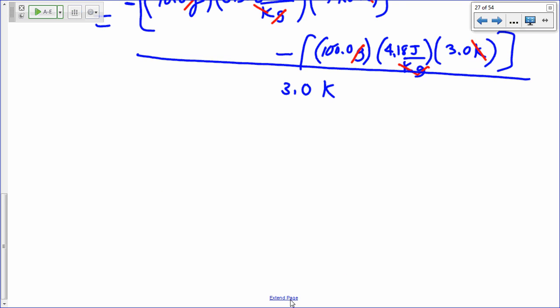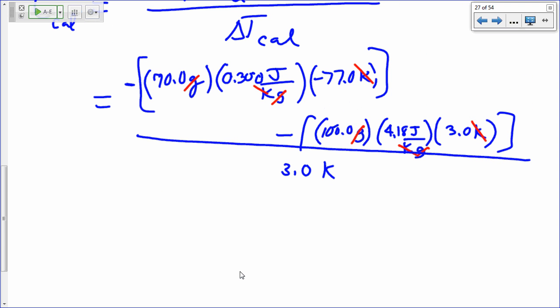Okay, let's look at some numbers here. What are these numbers? So that's negative of Q metal. What's our Q metal? Negative 1,617 joules. Why negative?